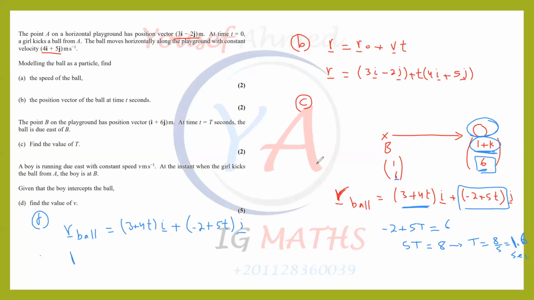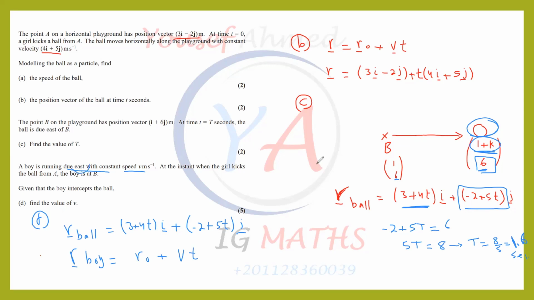Let's get the position vector for the boy, as mentioned in the question. The boy is running due east with constant speed. At the instant when the girl kicks the ball, the boy is at B. So the boy started from B as r node, and then he started to move due east.